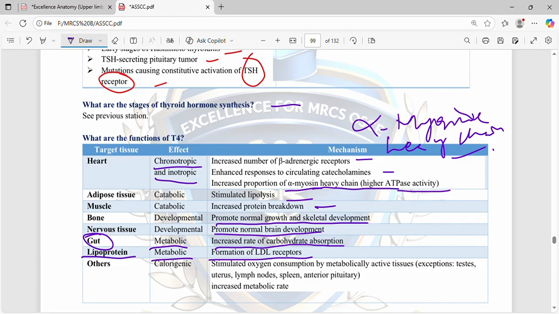Others: calorigenic because it increases basal metabolic rate, stimulates oxygen consumption by metabolically active tissues, exception testes, uterus, lymph nodes, spleen, anterior pituitary. So they increase basal metabolic rate.